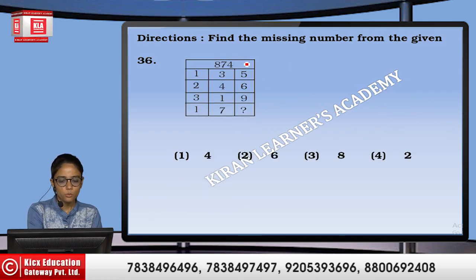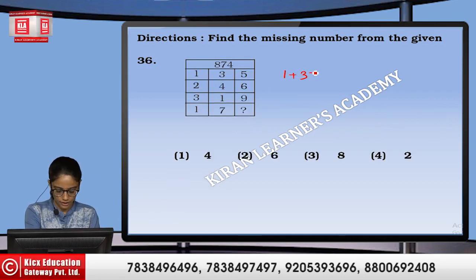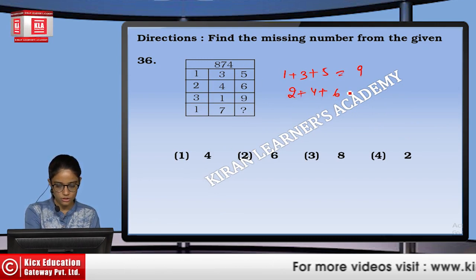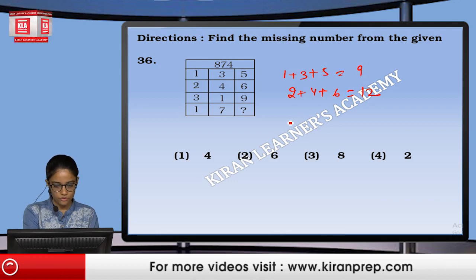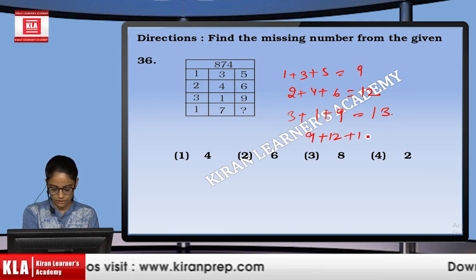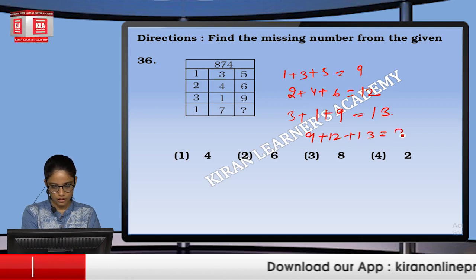Next question. 1 plus 3 plus 5 will give you 9. Similarly, 2 plus 4 plus 6 will give you 12. Then 3 plus 1 plus 9 will give you 13. And if we add them, that will give us 34.